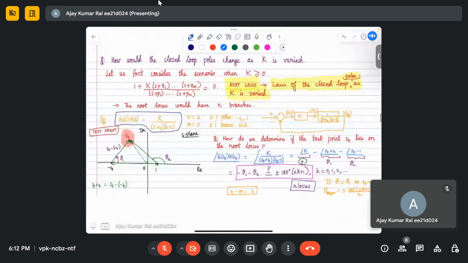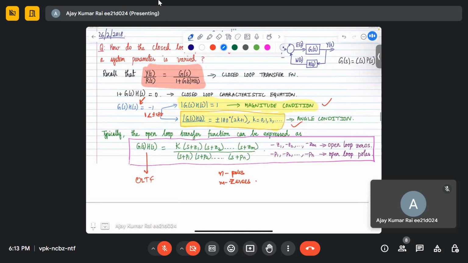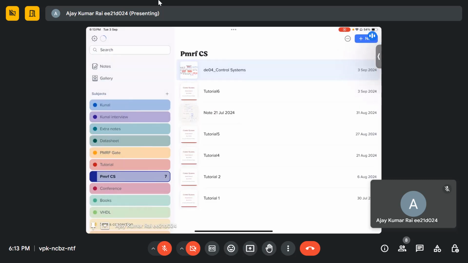Then I'll go to the questions. You take a test point and check these two conditions. If the magnitude condition and angle condition are both true, that means that particular point lies on the root locus. Let me go to the questions.